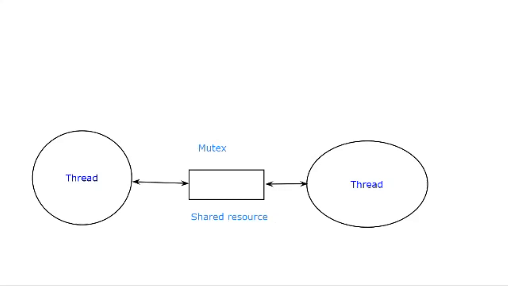What I will write here, I will write wait, and then again I will write release. There is a two-way process. Let me again draw this, then I will explain.